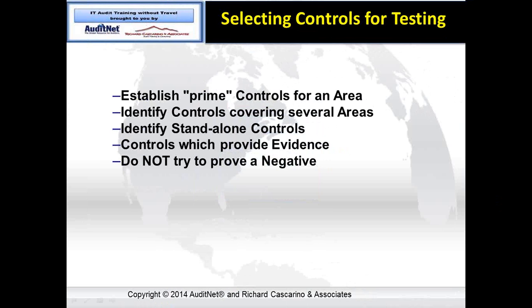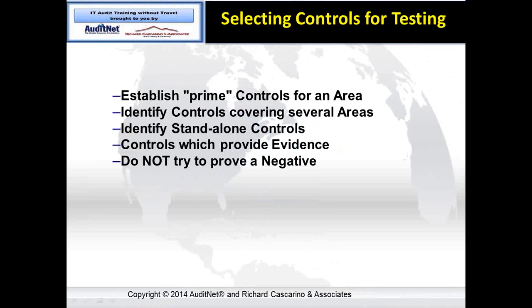And the unfortunate thing is, from an audit perspective, we're looking for controls that provide evidence. And a lot of our preventative controls do not leave behind evidence. You get evidence when things are going wrong, commonly. Now, does that mean if there is no evidence that nothing went wrong?